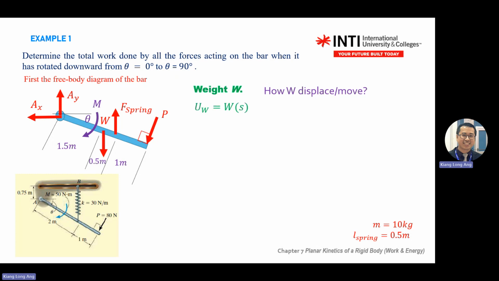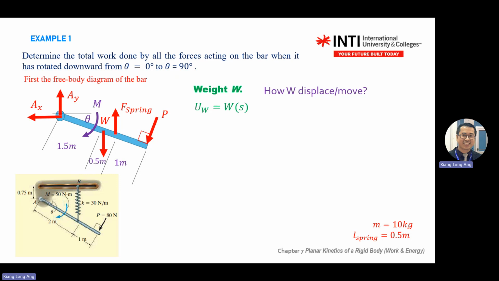So W is equal to the distance traveled, before and after. How much does the weight travel from 0 degrees to 90 degrees? Can you imagine? This is the question.